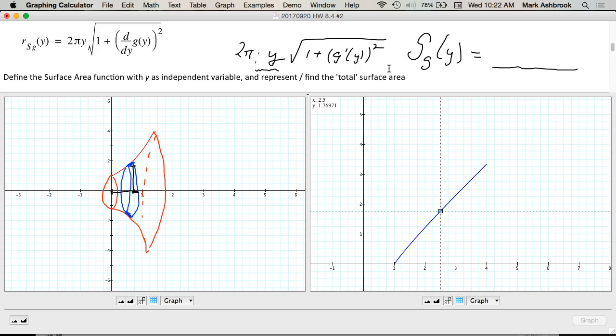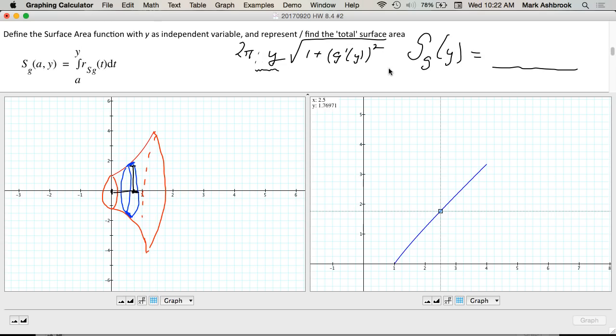The rate function with respect to t dt is what he said. That's what I had too. Is that what you put? So the integral from a to y of our rate function evaluated at t dt. Any questions on that? Does it make sense?